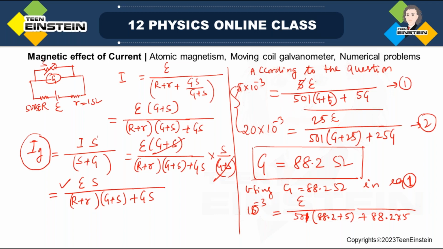If we do the calculation, we will easily find that this will be 47.1. Sorry, this is not ohm, this is volt. EMF is in volt.